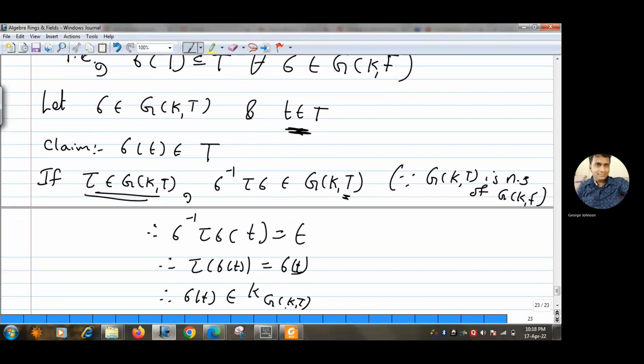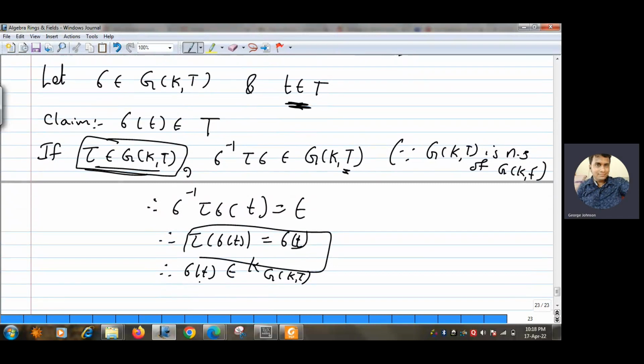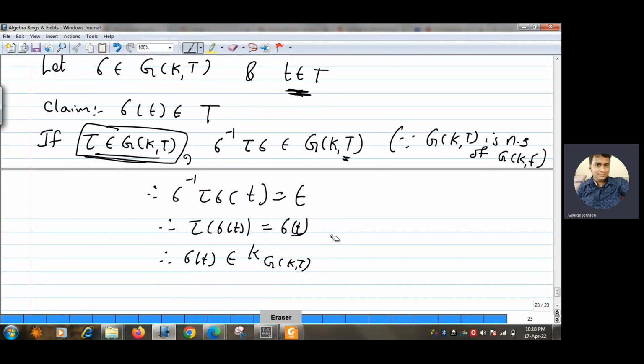Right? Fixed field of GKT means what? All those elements of K which are fixed by every element of GKT. And I have seen here that if I start with an element of GKT, it is fixing sigma t. So every element of GKT is fixing sigma t. So I can say that sigma t belongs to the fixed field of GKT. Now what is the fixed field of GKT? This is exactly the same as T, because K is a normal extension of T, right? It is already there.